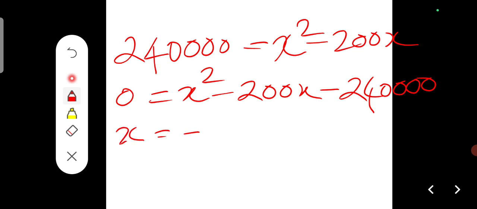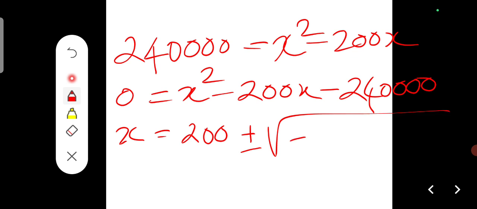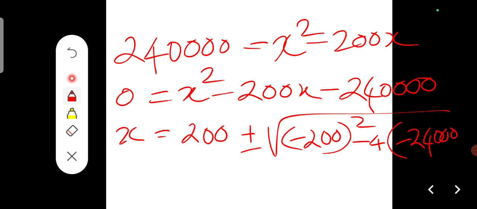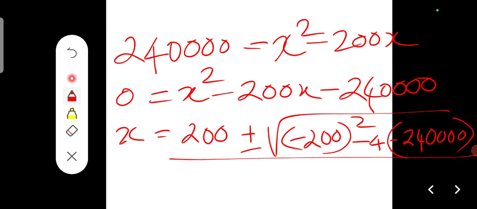x is equal to minus b, so minus into minus plus 200, plus or minus square root of b square minus 4 into a value 1, c value minus 240,000, by 2 into a, 2 into 1, 2.